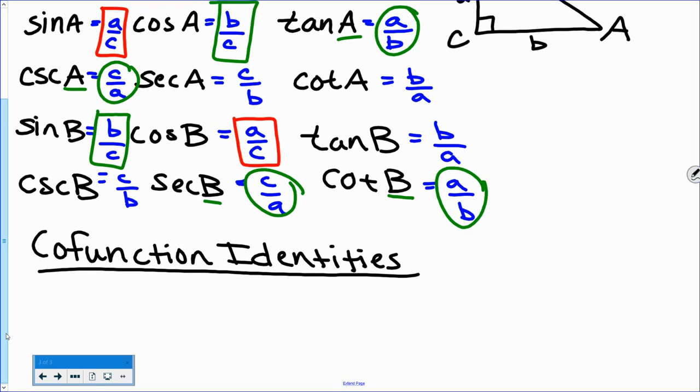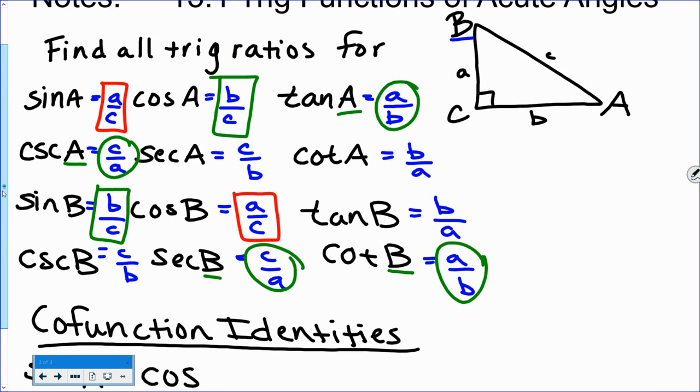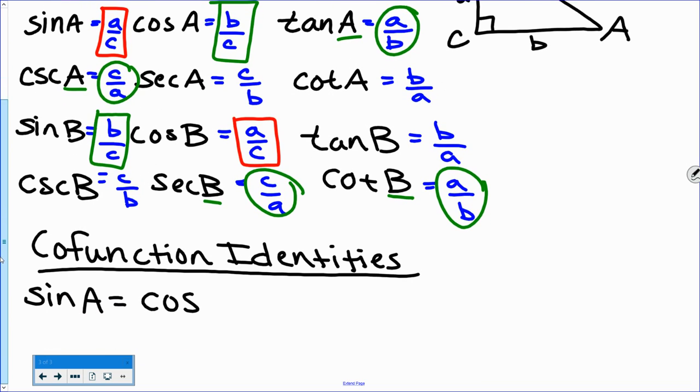We have sine of angle A, it can be the angle A in our triangle above if you'd like, it's equal to cosine, in the case above, of B, correct? But just a little general formula would be cosine of 90 degrees minus angle A.